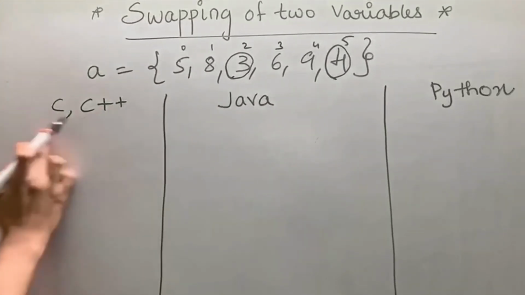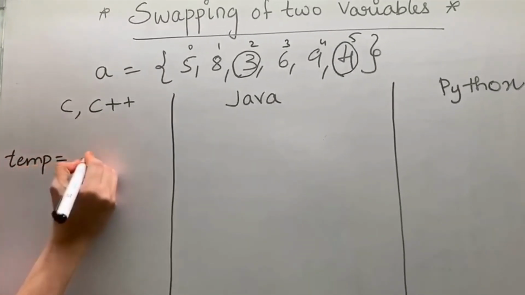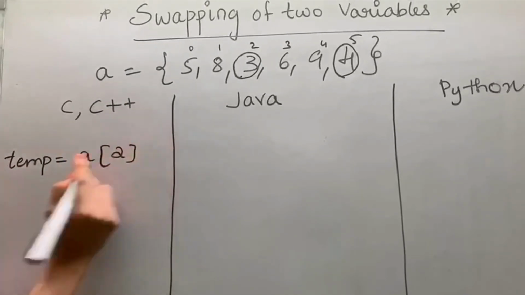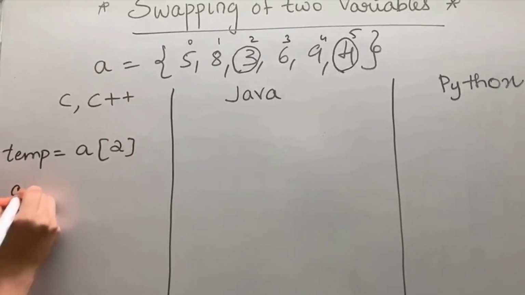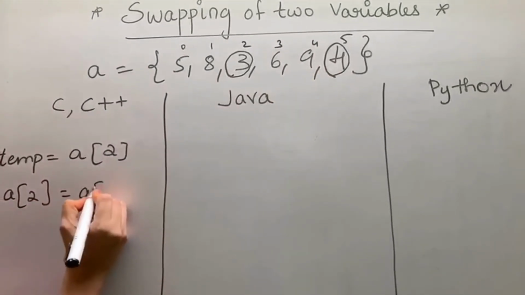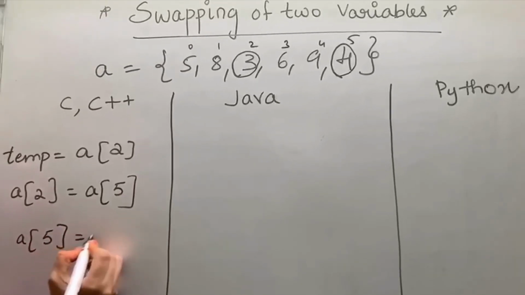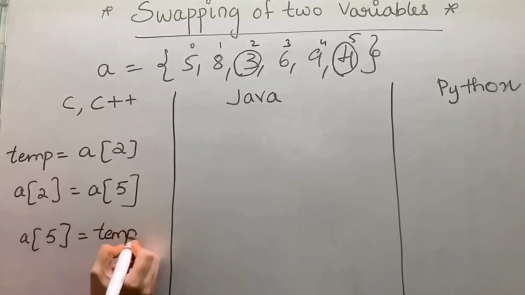In C and C++, it is the same old procedure: temp is equal to A of 2, where A is the name of the array. A of 2 is equal to the fifth index value, and the fifth index value must be stored with the temporary value.